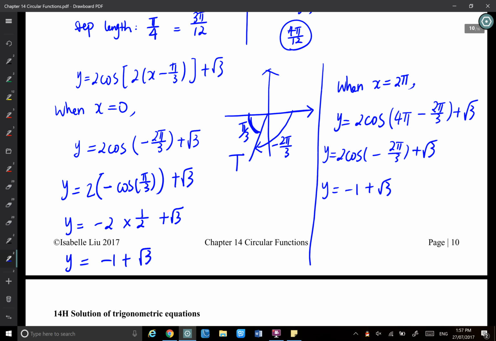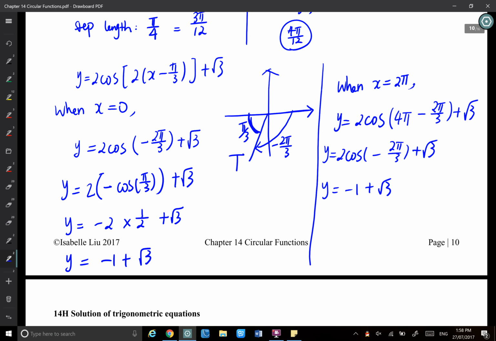Okay, so make sure you can do this by yourself again. I really want you to do that again by yourself. Like, it's not a nice translation. There's a translation pi on 3 here. Plus, the step is pi on 4. It's not identical. You know, the way you shift it is not really the same as the step you go through. So you will have a graph like that.